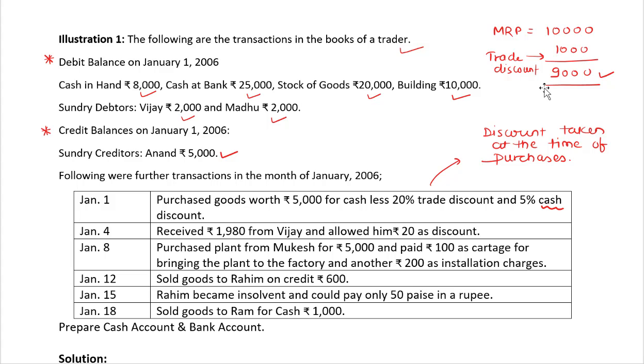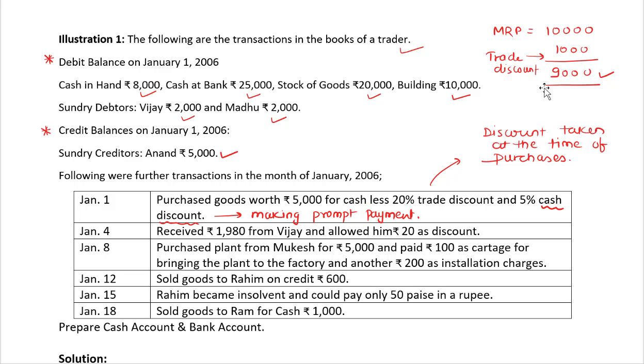But what is cash discount? Cash discount is the discount offered to the debtor, to the credit customer, for making prompt payment. Let's see this example further. Over here, you had bought this product at 9,000 and the shopkeeper had made you a sale of 9,000. The shopkeeper allowed you 3-month credit and told you that, sir, you make this payment after 3 months.